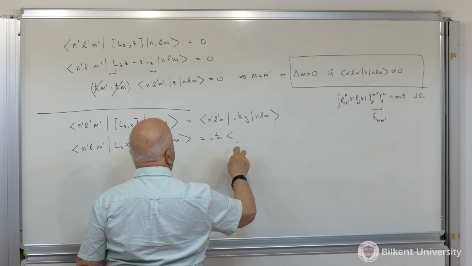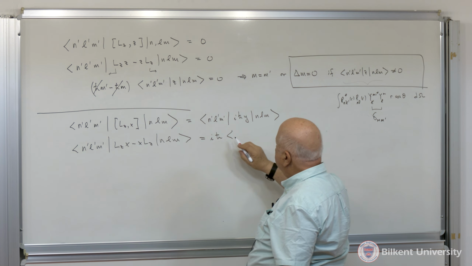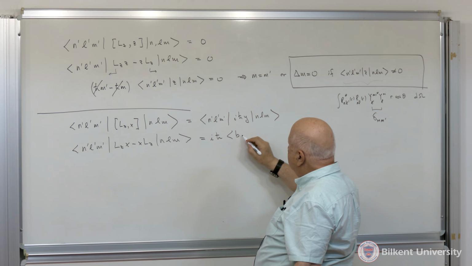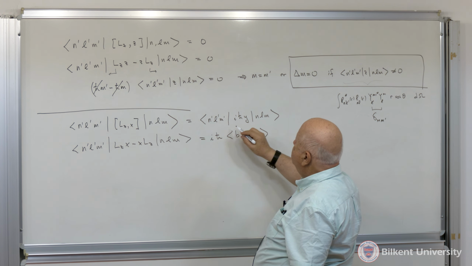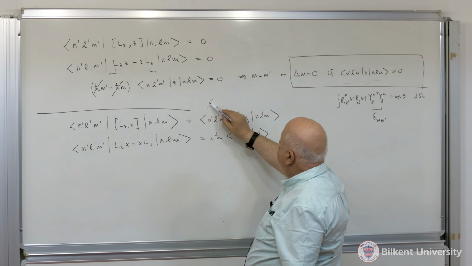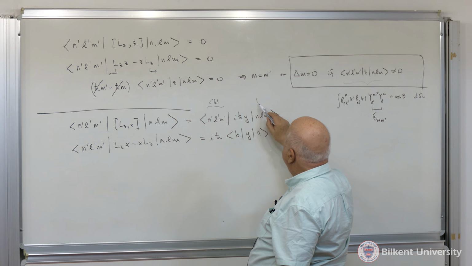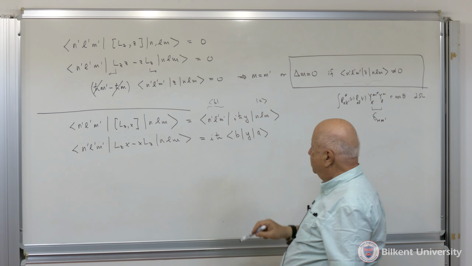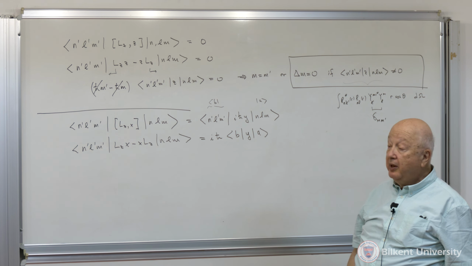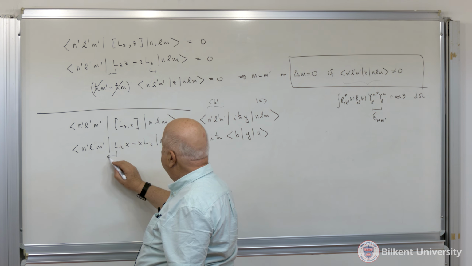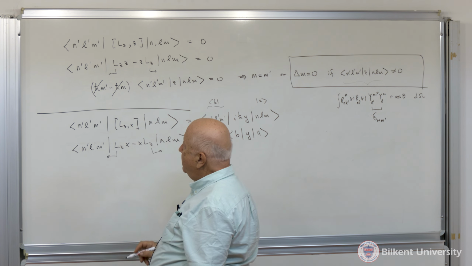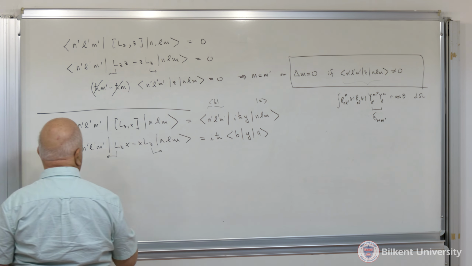The right hand side just becomes i ħ. Let me use a shorter notation here. Let me call this piece here the B state, and this one here the A state, so that I don't have to write these nlm's all over the place. Again, this operates towards the left, and this operates towards the right. So what do I get?